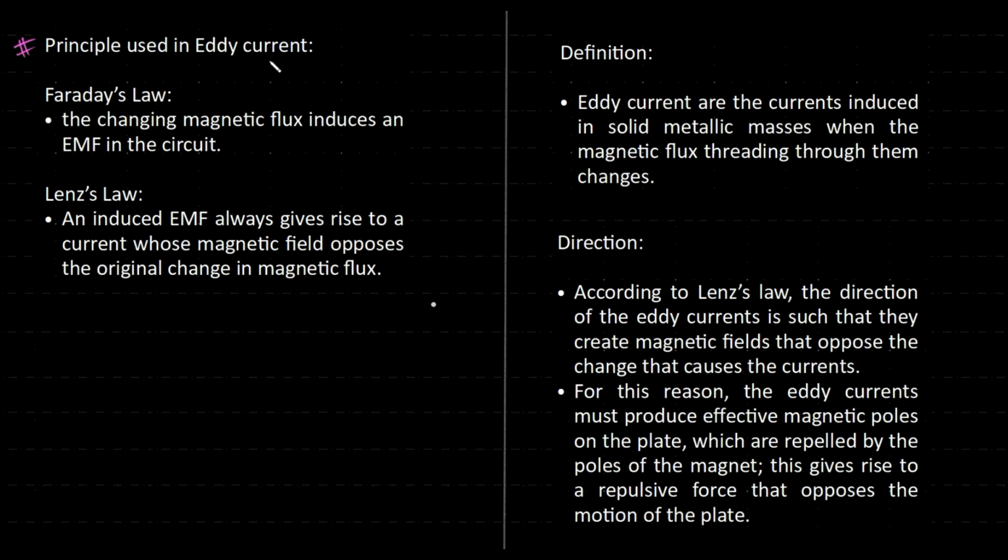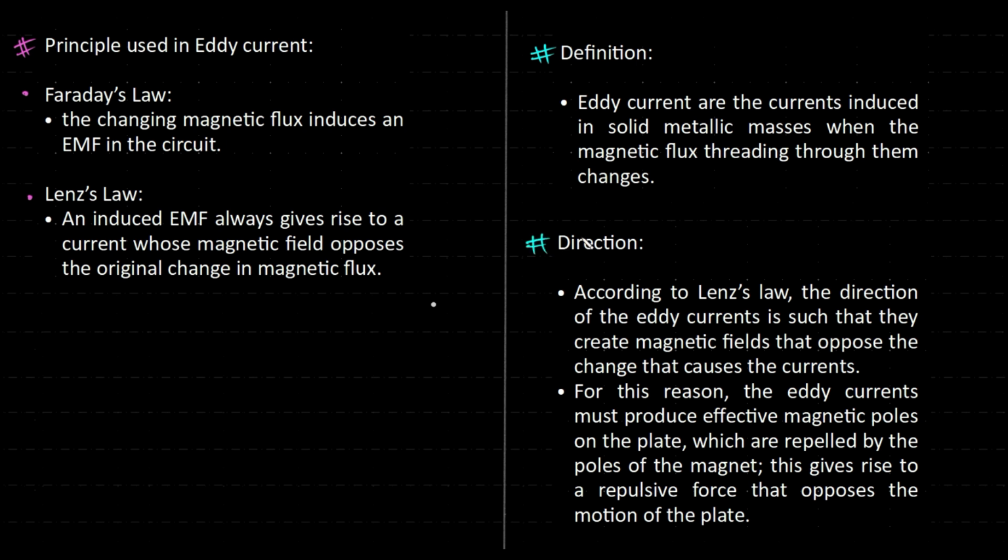What is the principle used in understanding this? Obviously, Faraday and Lenz's law. Now, let's look at the definition. Eddy currents are the currents induced in solid metallic masses when the magnetic flux through them changes.